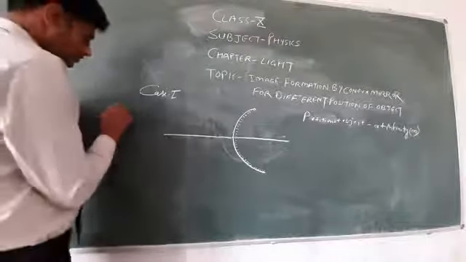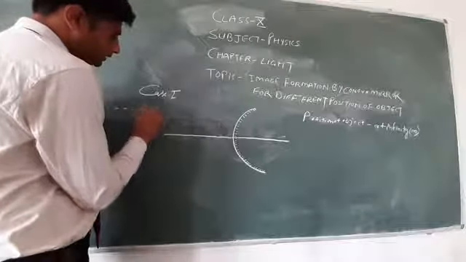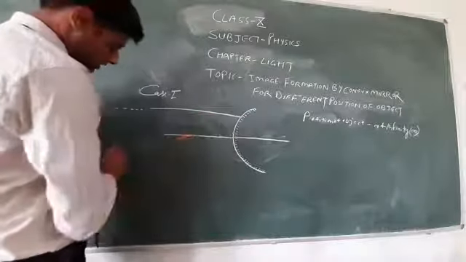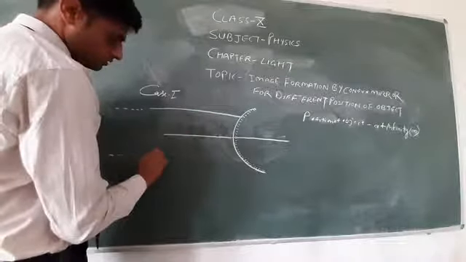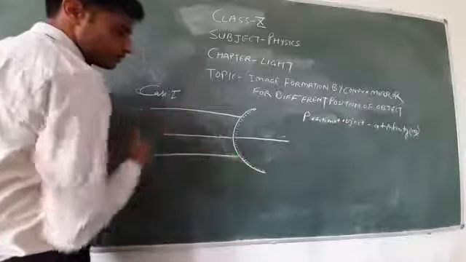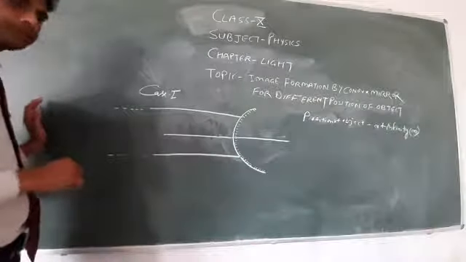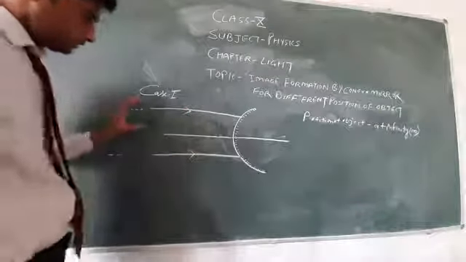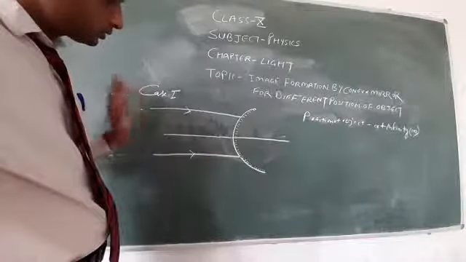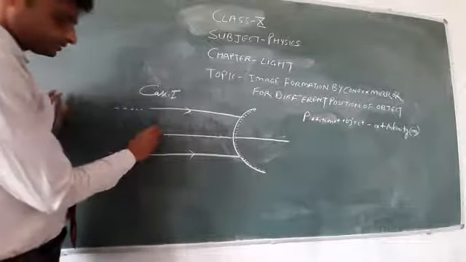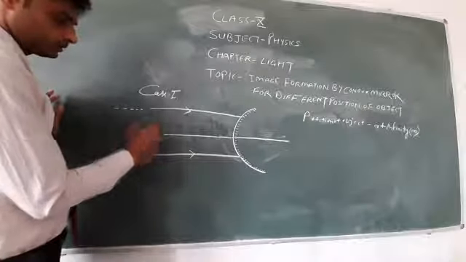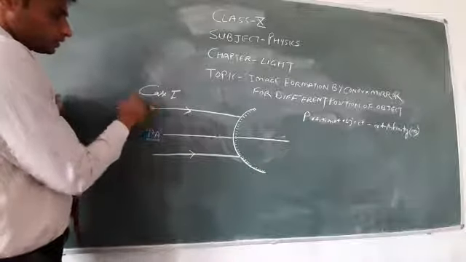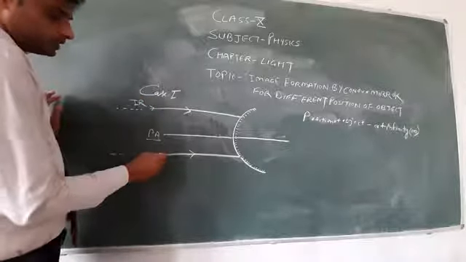Let two rays of light come from infinity such that these rays are parallel to each other, and these rays are also parallel to the principal axis. This is the principal axis, and these are IR, incident rays.